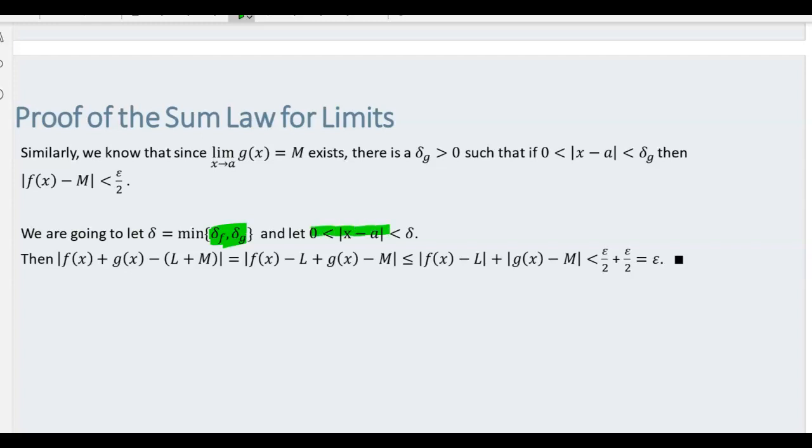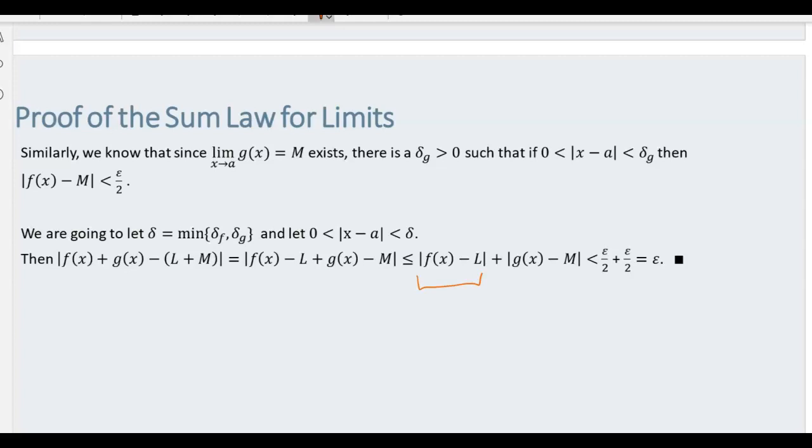So that then when we choose x values that are really, really close to A, less than delta away from A, we know that the original limit that we're trying to analyze, which can be rewritten in this way, putting the f together with its limit and the g together with its limit, and then rewriting it using the triangle inequality, has each of these individual components less than epsilon over 2.